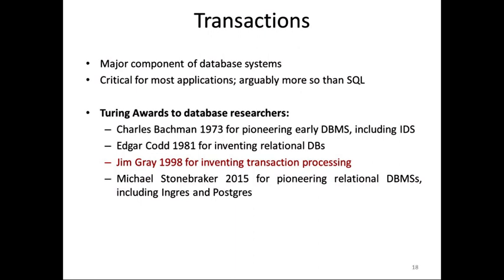And to illustrate their importance, among the database researchers who received the highest distinction in computer science, which is the Turing Award, we have, for instance, Jim Gray, who received this award for inventing transaction processing at the end of the 70s, and for his contributions in the area of transaction processing, he received this distinction in 1998.